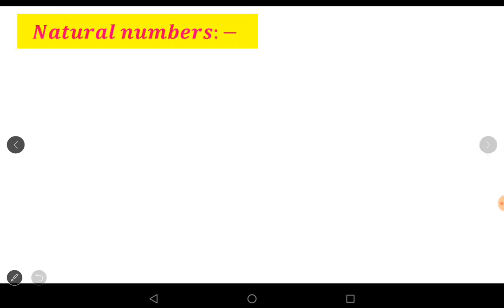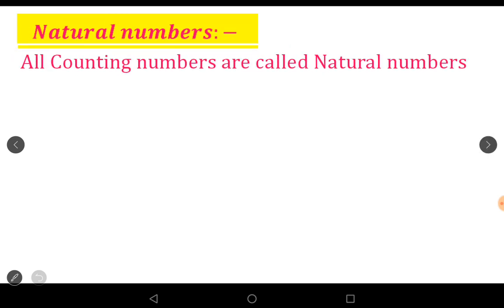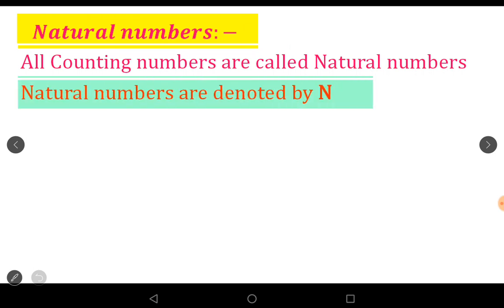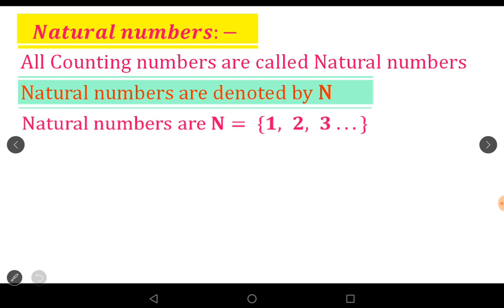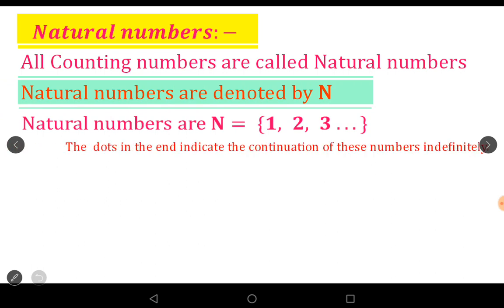First of all, write the definition of natural numbers. All counting numbers are called natural numbers. Natural numbers are denoted by N. N equals the set of elements 1, 2, 3 and so on. The dots at the end indicate that the natural numbers continue indefinitely.